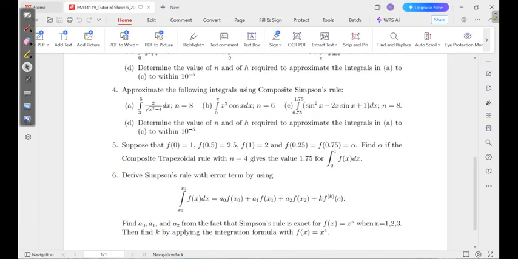This question has given us everything that we need. It's just a matter of understanding exactly how to go about it. One thing I've been given is that f of 0, meaning the lower limit, is equal to 1. Then we also have f of 0.5, which is equal to 2.5. Then we have f of 1, which is our upper limit, equal to 2.